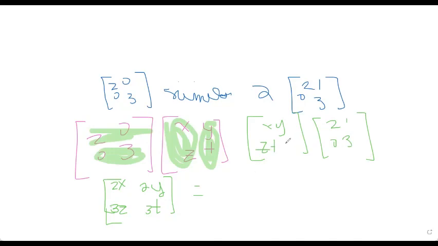So that would give us 2x, then x plus 3y, then 2z, and z plus 3t. And these two things would have to equal each other.